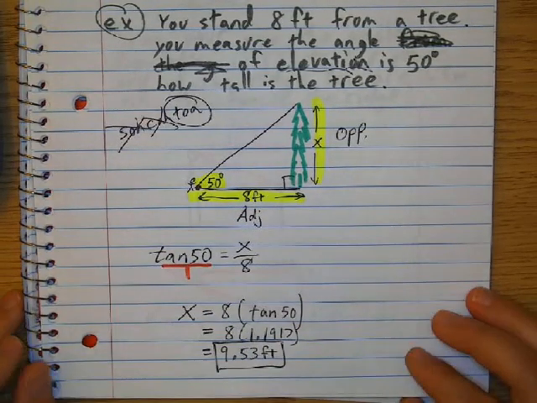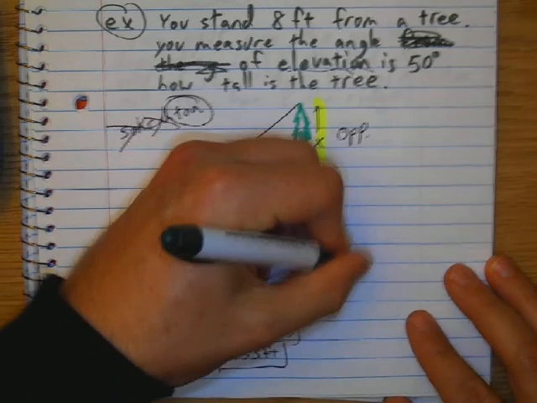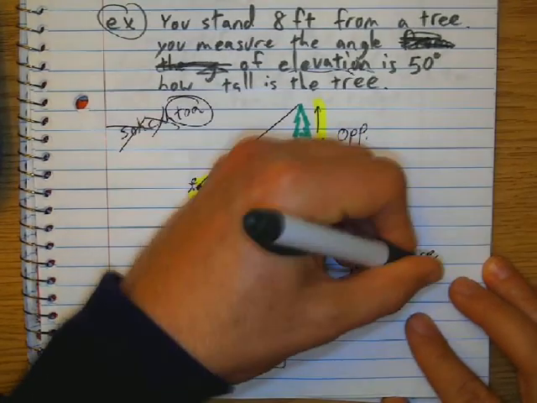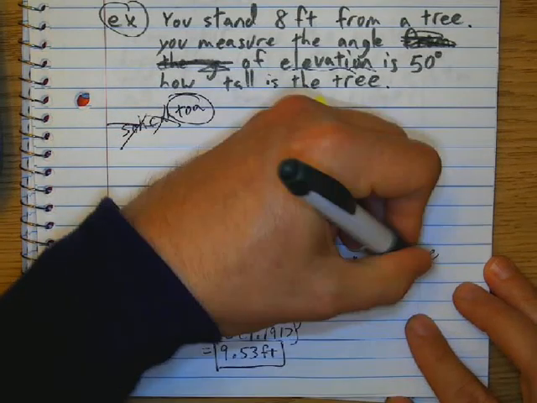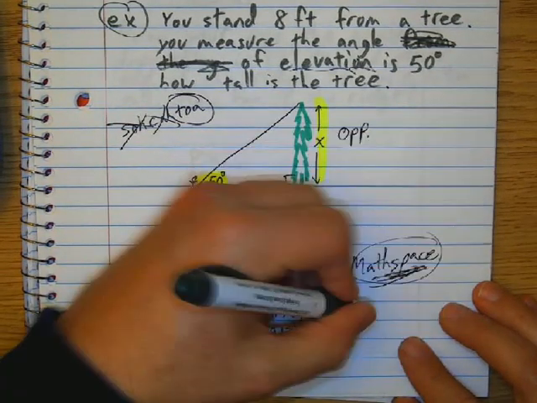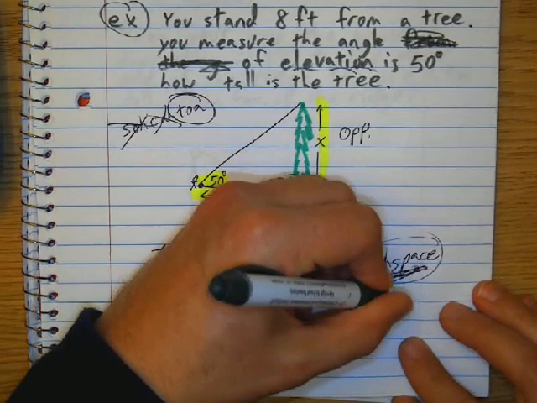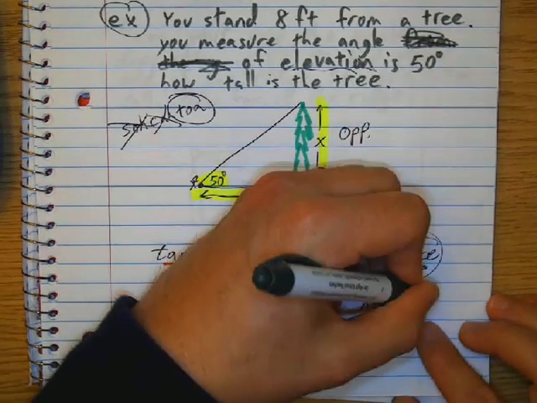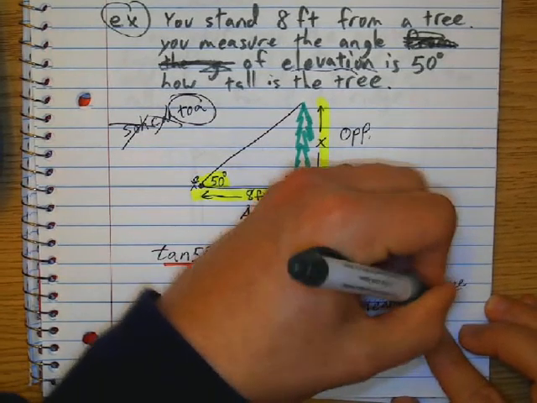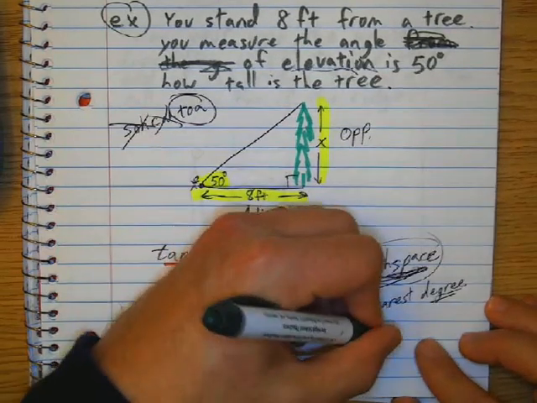Now, when you're doing math, be careful when they ask for lengths of things. They might say nearest degree or integer. They might say 2 decimal places.